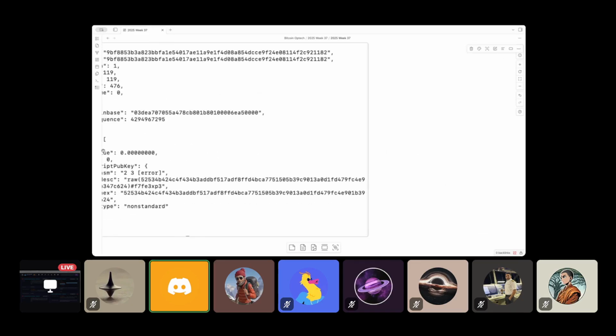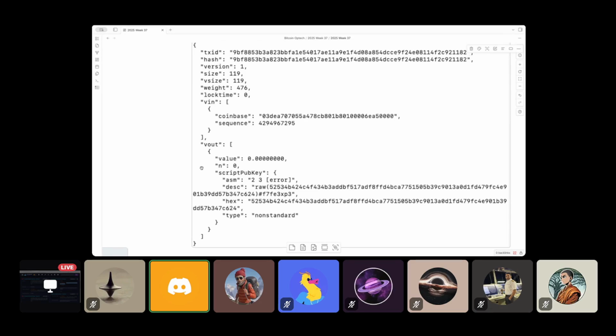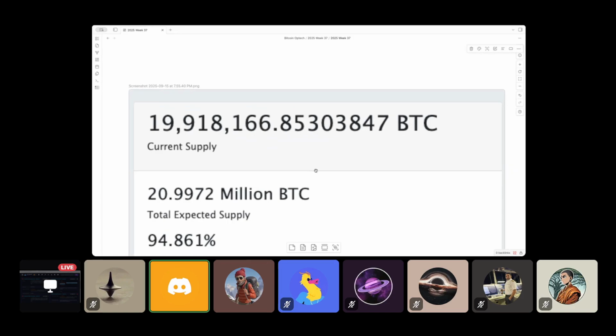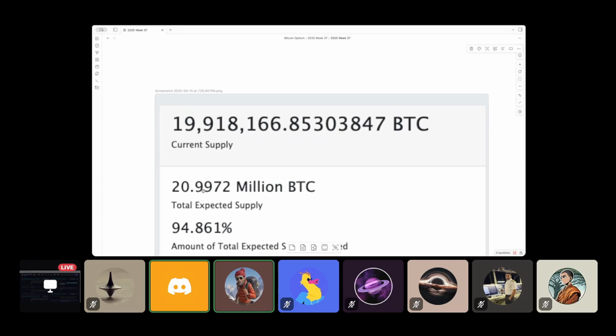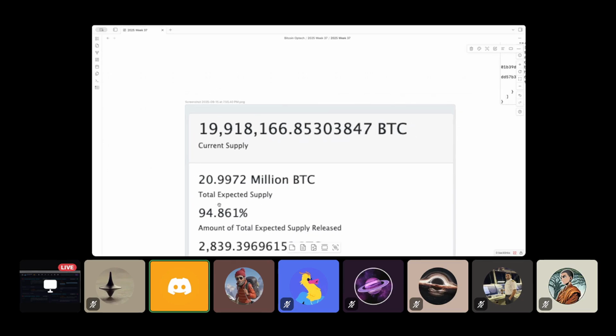And one more thing, there is a difference. Technically, what's the total supply available? So the total supply of Bitcoin, the official supply, is 21 million. We have about 20 million 999,968 Bitcoin to be exact.